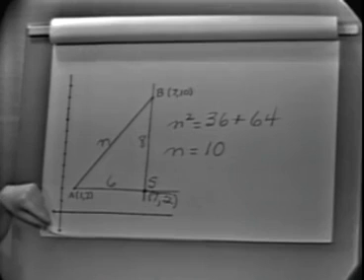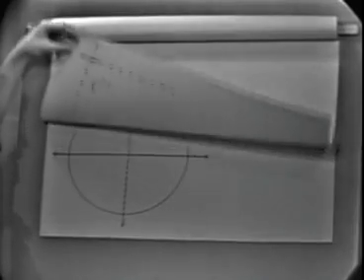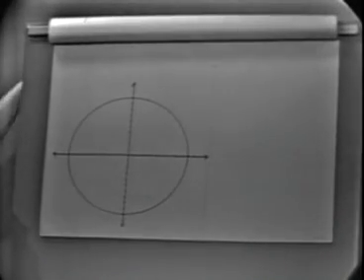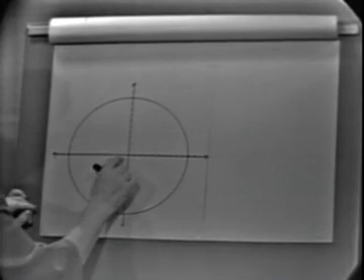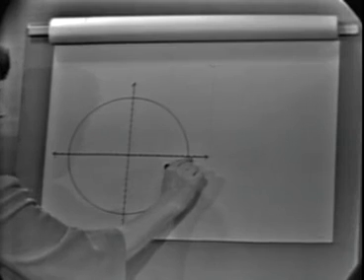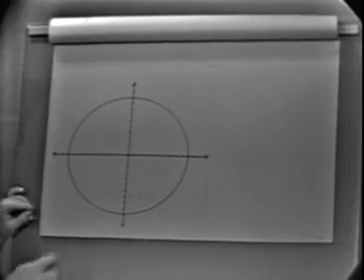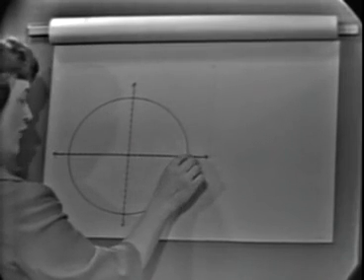Using pairs of numbers to locate points gives us another way of looking at a familiar simple closed curve, the circle. Consider this circle whose center is at the origin, the radius of 10 units. We can name the coordinates of these points.